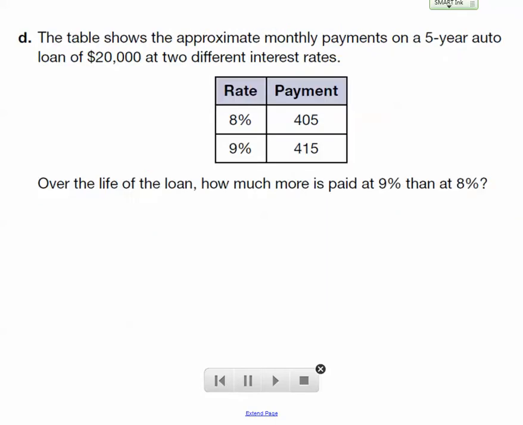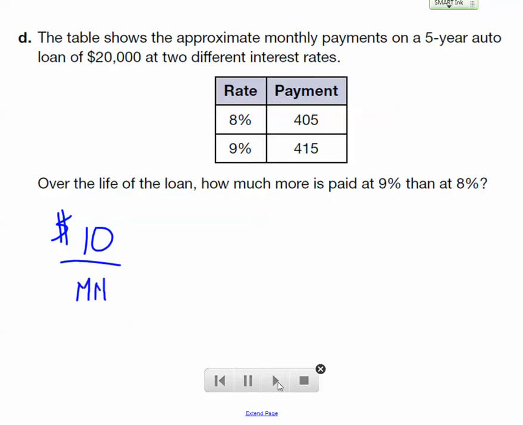Example D. The table shows the approximate monthly payments on a 5-year auto loan of $20,000 at 2 different interest rates. So now we're paying these both over 5 years. One's only $10 more than the other. How much is that going to amount to? That 1%. So how much more is the 9% than the 8% loan? Okay. Well, the 9% loan we're paying $415 per month.